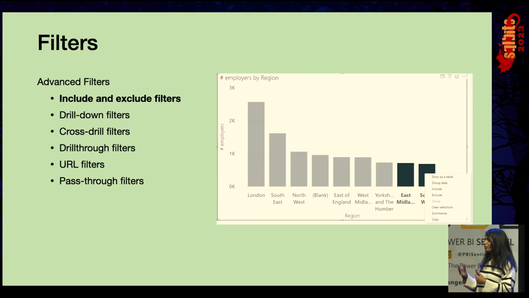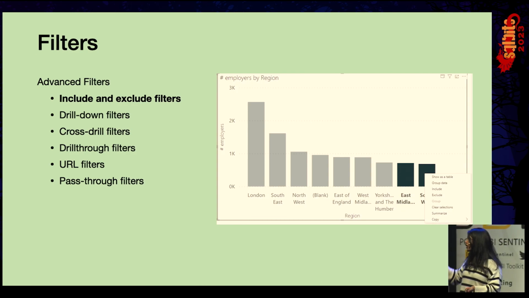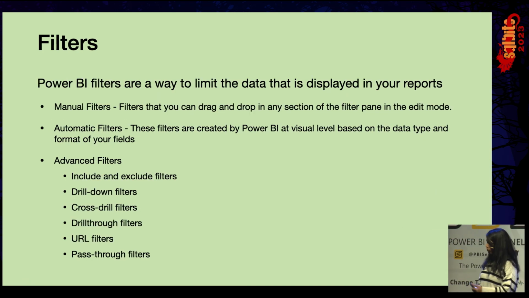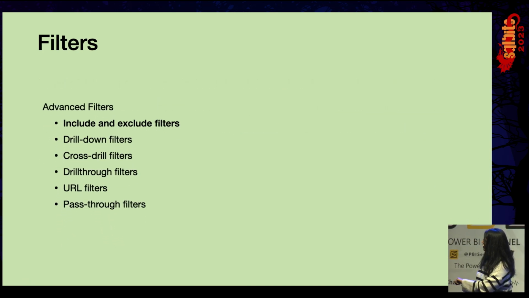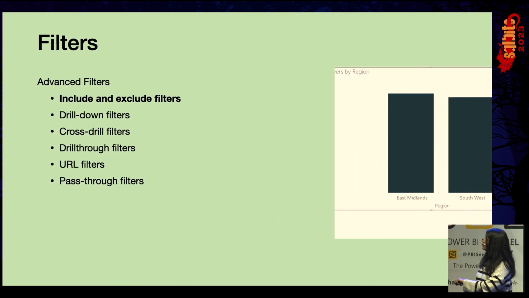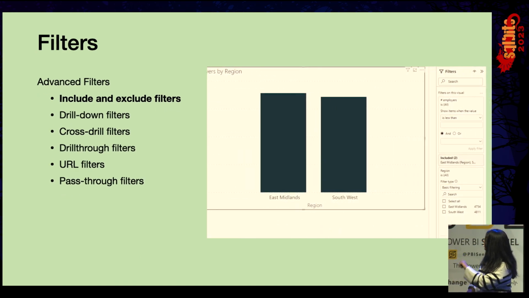If you are trying to do analysis on a certain region, you could just include that one and your entire report page basically includes that particular region. It's just nicer. The same thing goes for exclude.